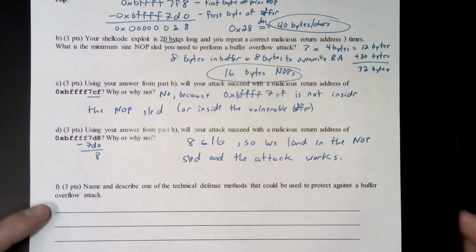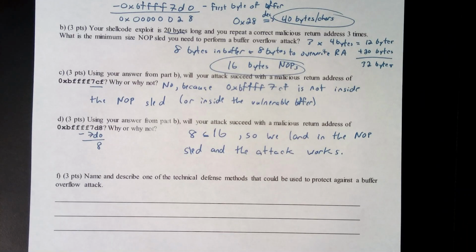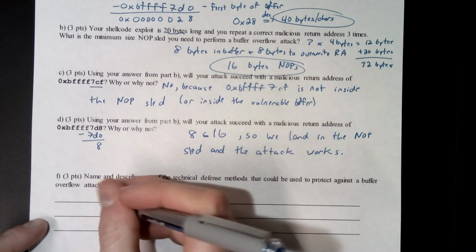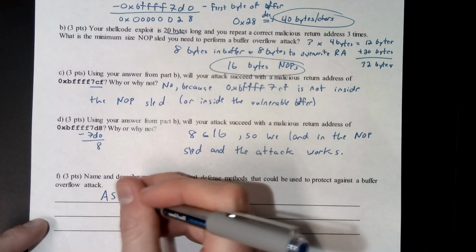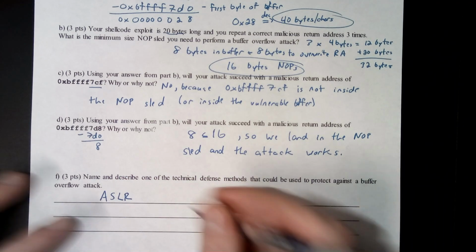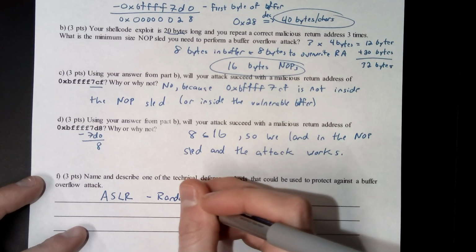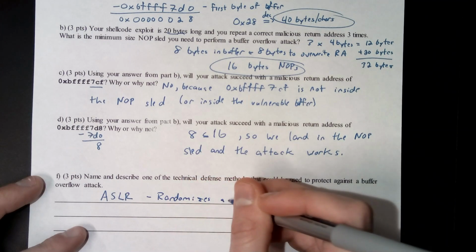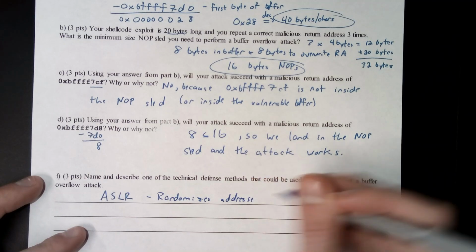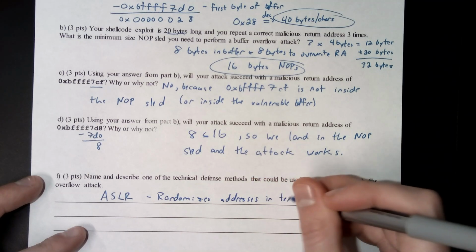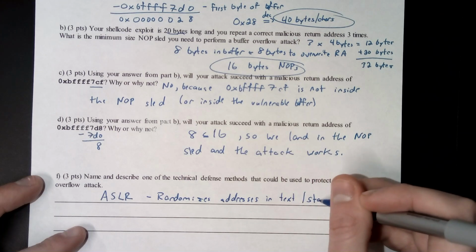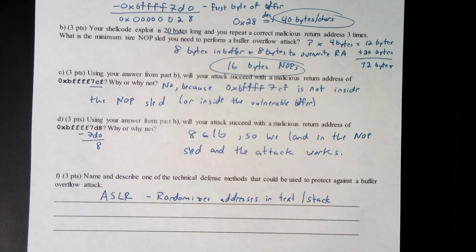And then part F: name and describe one technical defense method that could be used to protect against buffer overflow attack. The answers you should give here are ASLR, address space layout randomization, which randomizes addresses in the text segment and stack. It just makes it harder for an attacker to figure out what's going on.